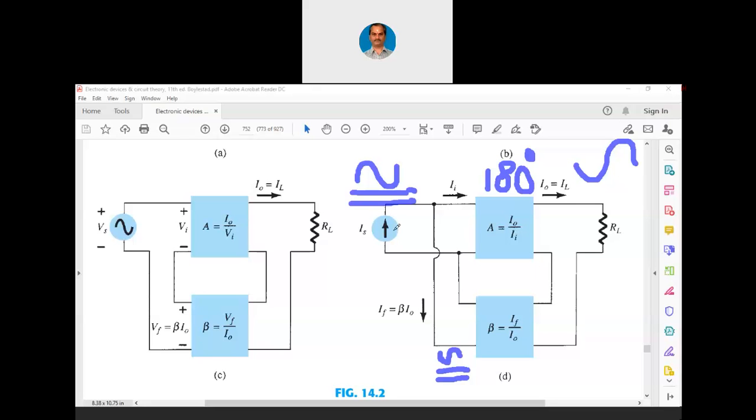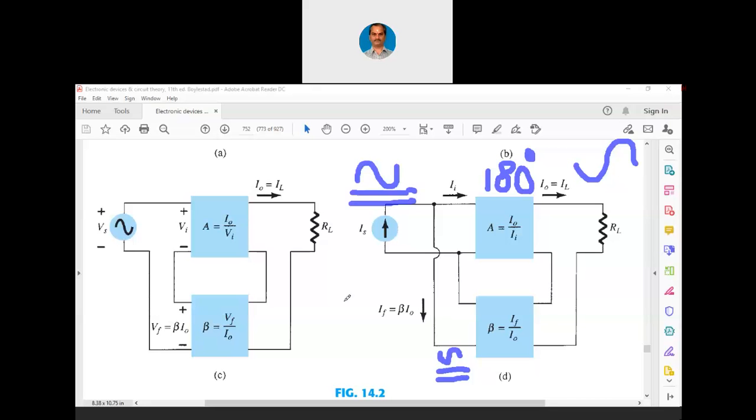For this reason only, these currents are shown in opposite direction. The same thing will happen in voltage also in future. In future, when I discuss the derivations for all these four circuits, you will understand that we are going to consider all of these four networks with negative feedback only, not with positive feedback.